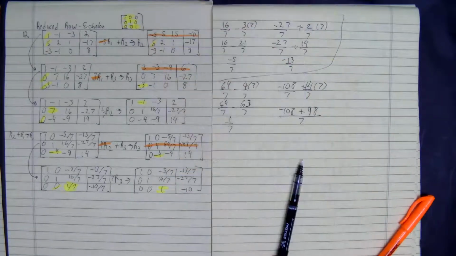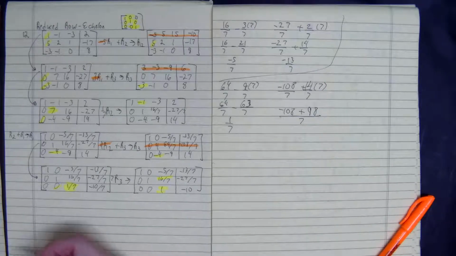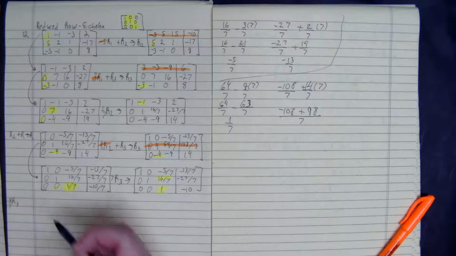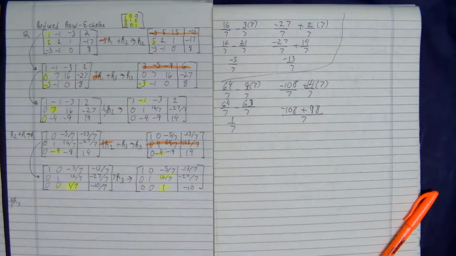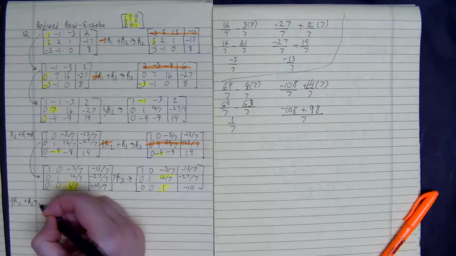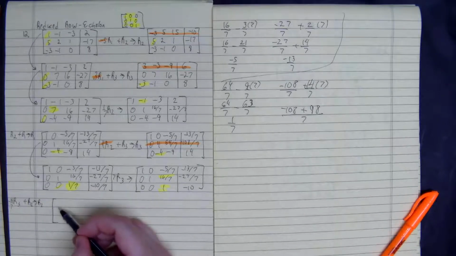We need to make that into a 0, so how do we make 16 sevenths into a 0? What we're going to do is multiply row 3 by negative 16 sevenths. We're going to add it to row 2 and place it into row 2. So this is what it looks like.